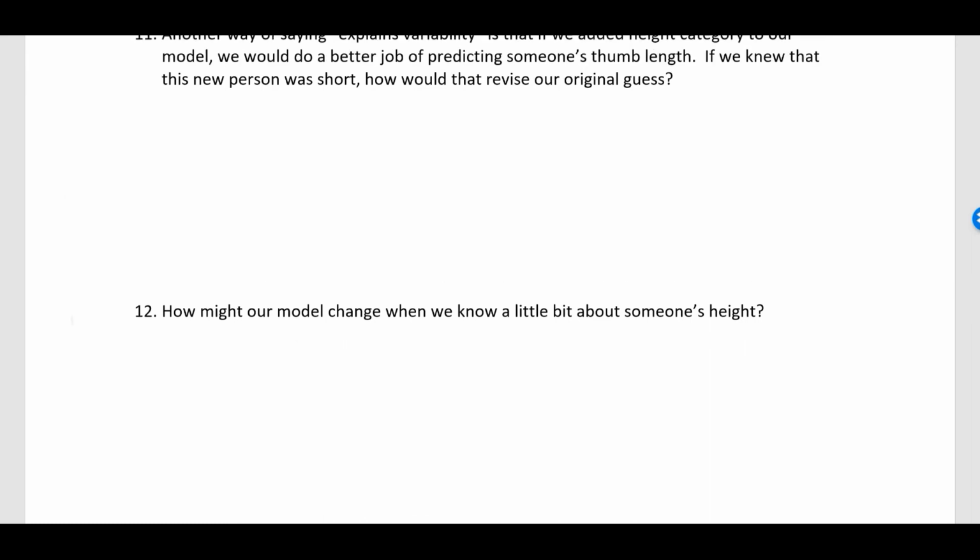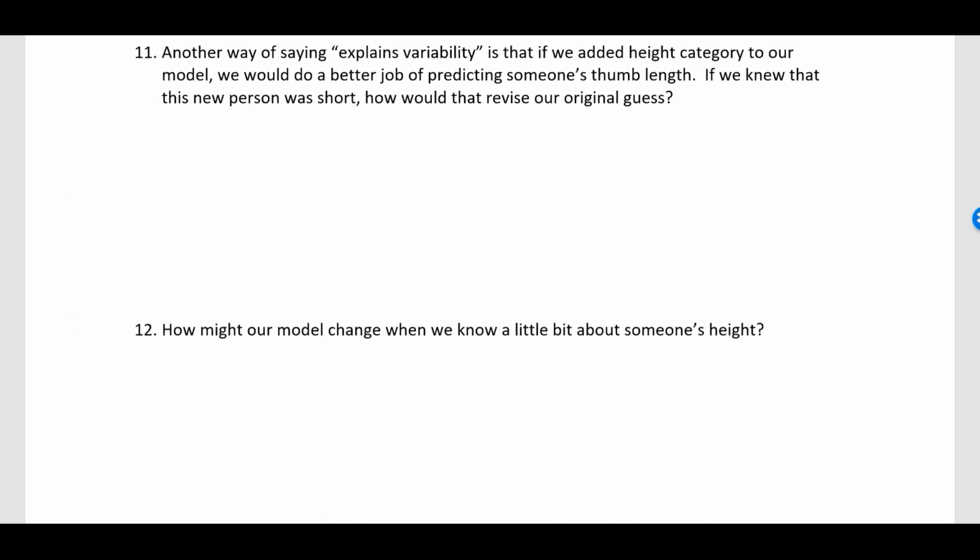Now, how might our model change when we know a little bit about someone's height? We can add that height variable into our model equation.